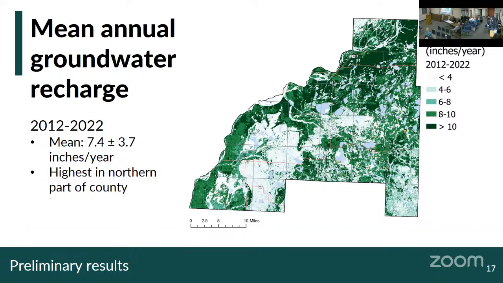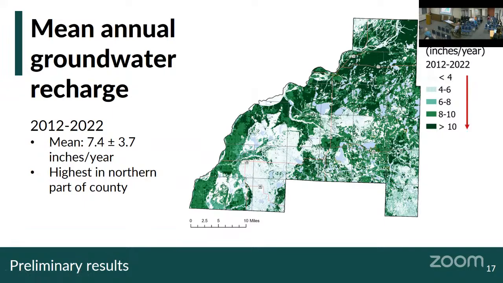The county average during this time is about 7 inches per year, but you can see it varies across the county. There is an area of low recharge here of less than 4 inches on average. And then in the northern part of the county, there's an area where it's greater than 10 inches on average. And a lot of that has to do with the soil type, and I'll talk about that later.